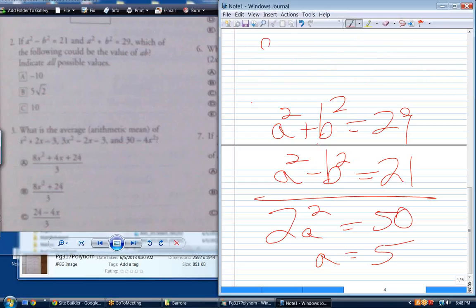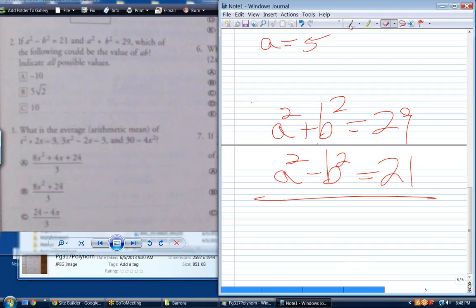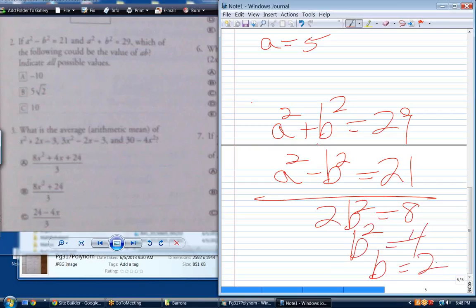So a is 5, and if I subtract the two equations instead of adding them, I get 2b squared equals 8, b squared equals 4, b equals 2. So I solve for both variables, and the value of a times b is 10.